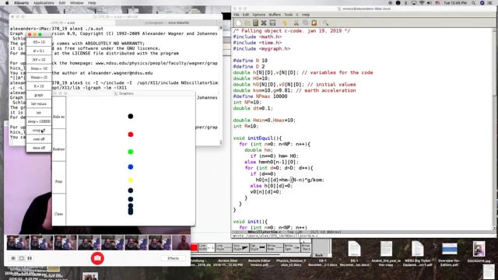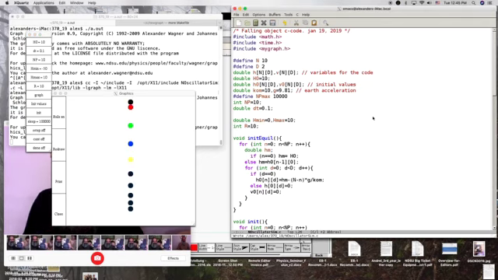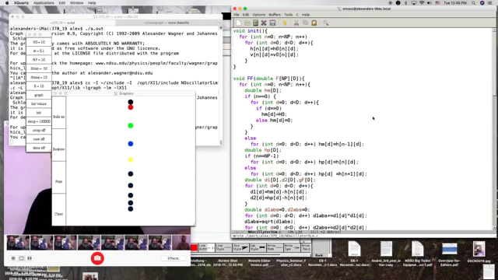Now do a single step. Still being pulled upwards. Let's find out why that is.